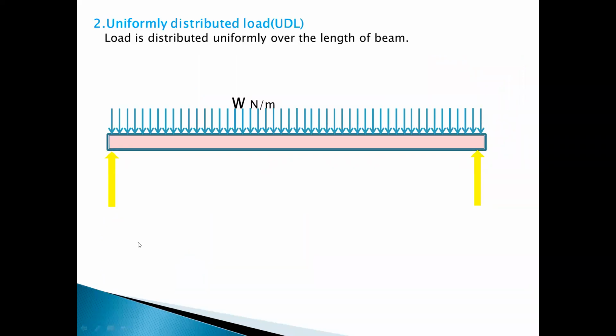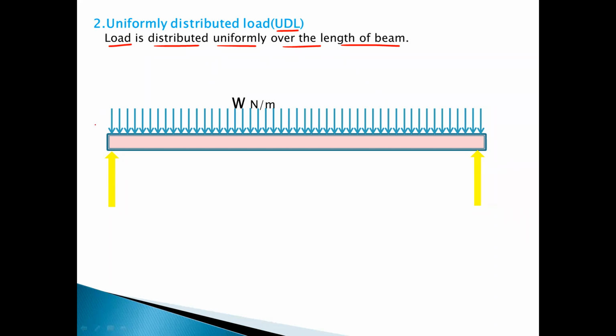The second type of load is the uniformly distributed load, in short called UDL. The meaning of UDL is that the load is distributed uniformly over the length of a beam.